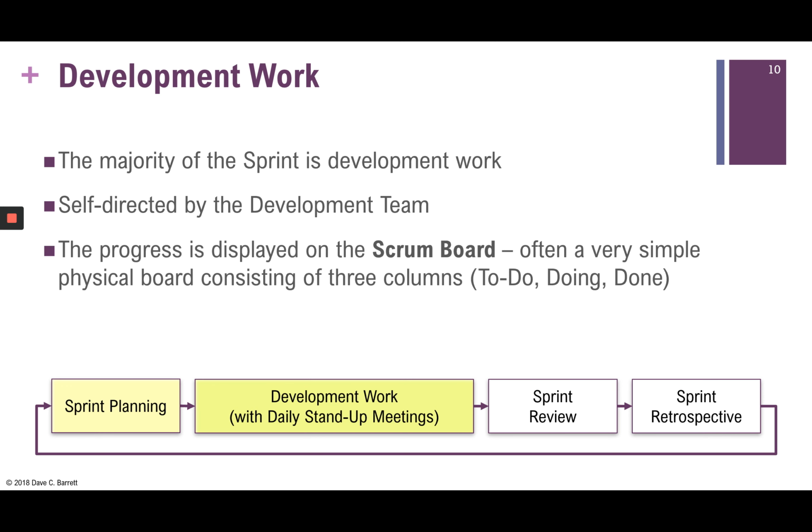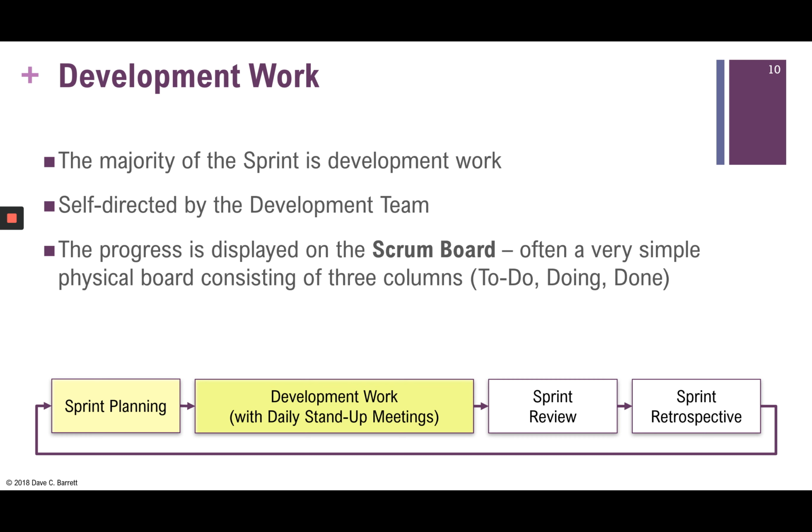The progress is displayed on the Scrum board, often a very simple physical board. Often it's physically created, and it usually consists of 3 columns: to do, doing, and done. Now, this was something that you would have seen during Chapter 5, the activity-based schedule using workflow.